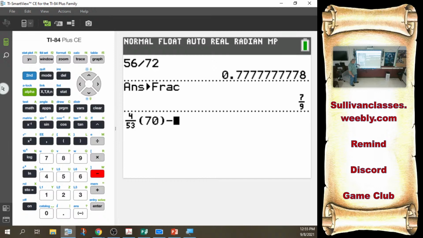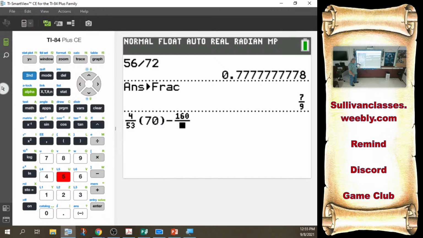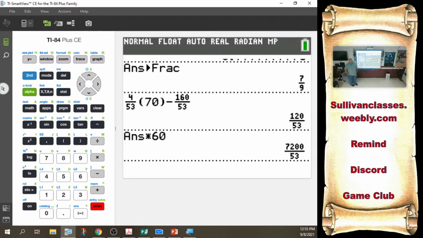Yeah, minus 160, what was it, 160 over 53. It gave me a fraction. I don't know how many times that is. I take it times 60. I don't know how many times that is. It's a big fraction. What do I do?